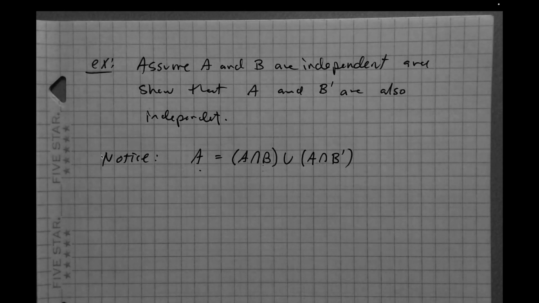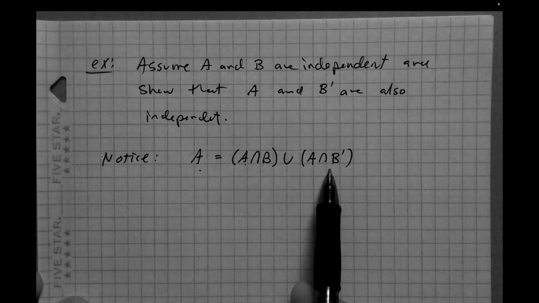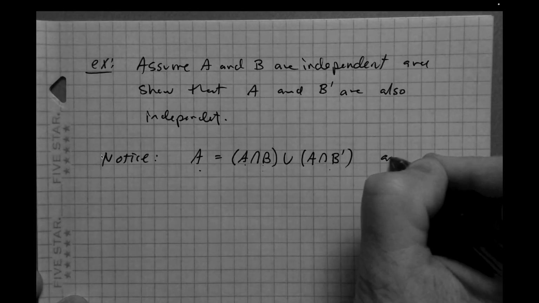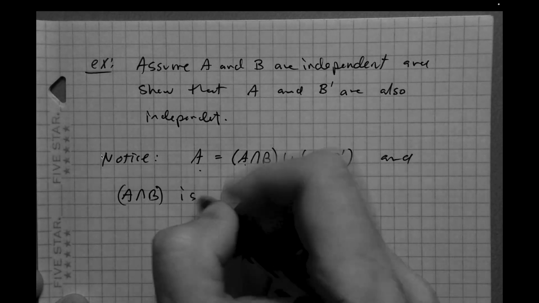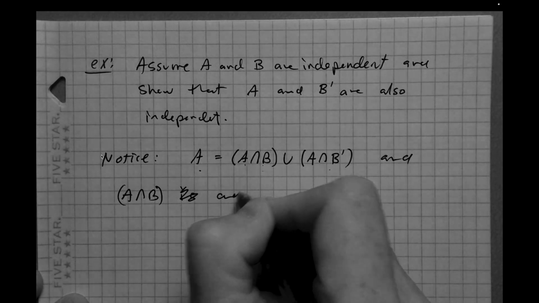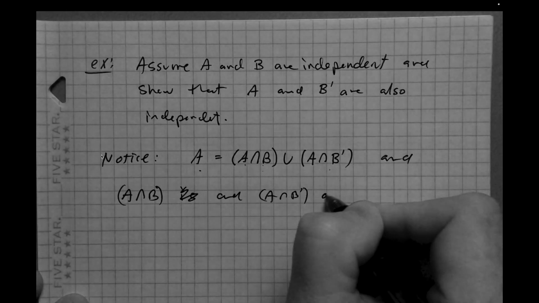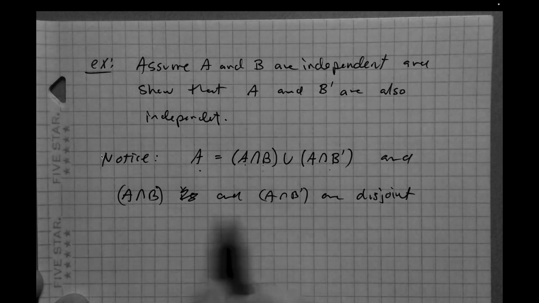Note this, and also note that A and B and A and not B are disjoint, meaning the intersection between these two sets is empty.